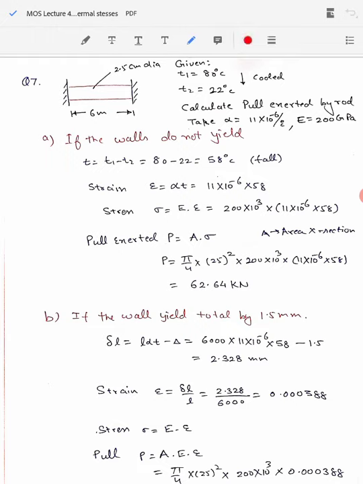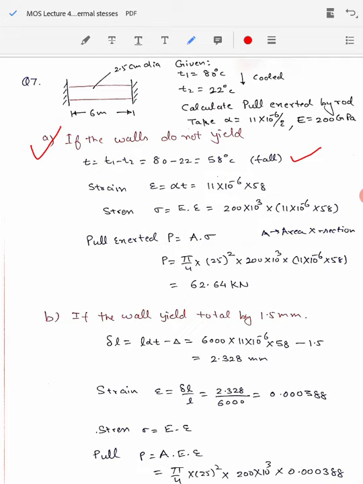Now let's take the first case when walls are perfectly rigid and are not allowing any yielding. First we calculate the change in temperature, and that comes out to be 58 degrees centigrade, and let's calculate the corresponding strain that is being produced.